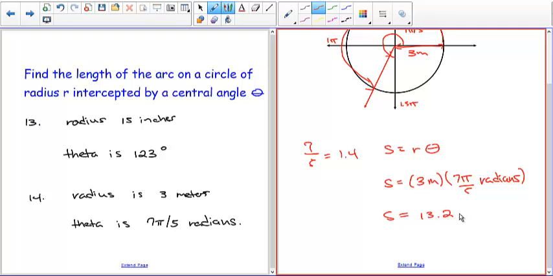Something doesn't look right. 3 times 7 times pi divided by 5. Well, I guess that is right. So, you know, going halfway around is this times pi, which is going to be 9 something.